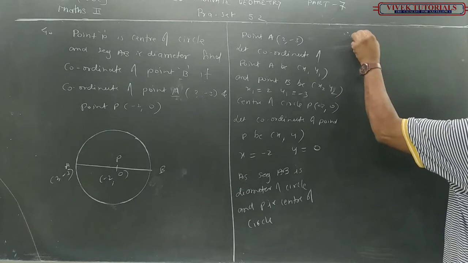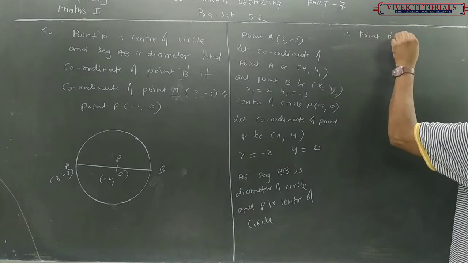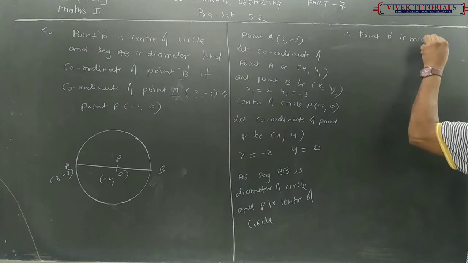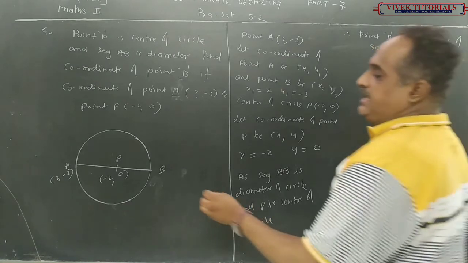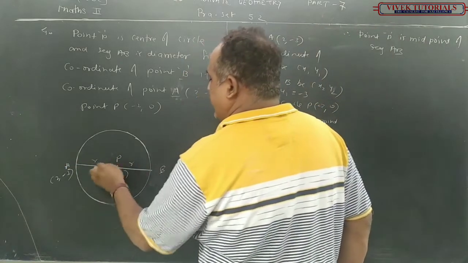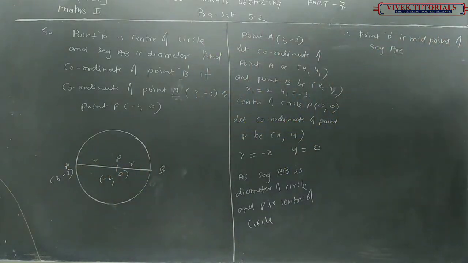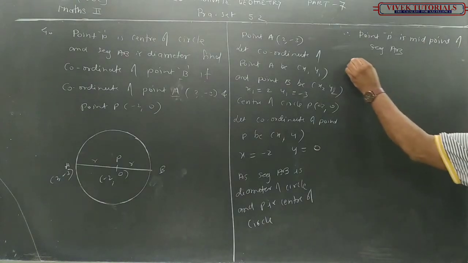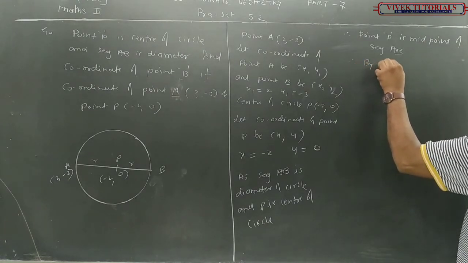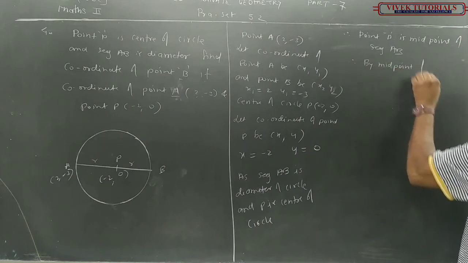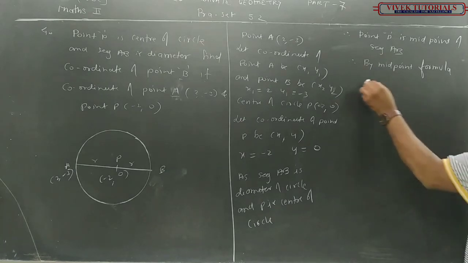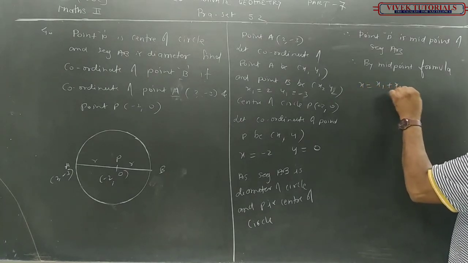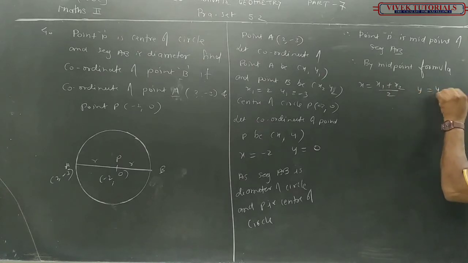Therefore point P is the midpoint of segment AB. Therefore, by the midpoint formula, x is equal to (x1 + x2) upon 2, y is equal to (y1 + y2) upon 2.